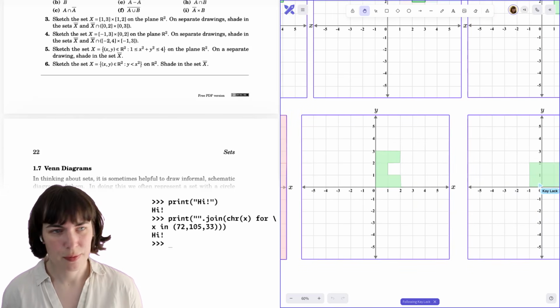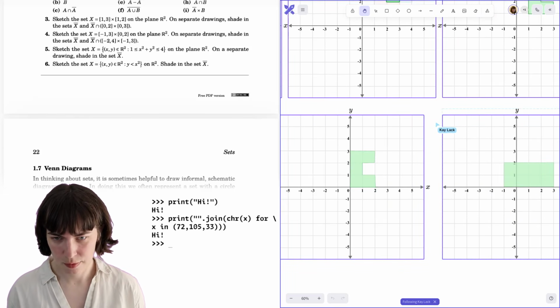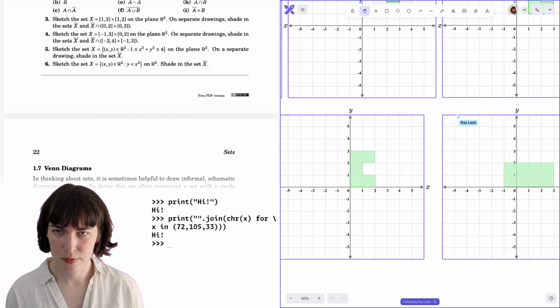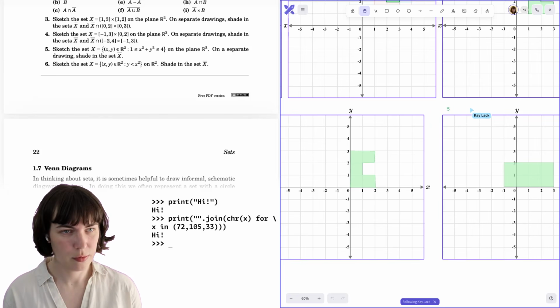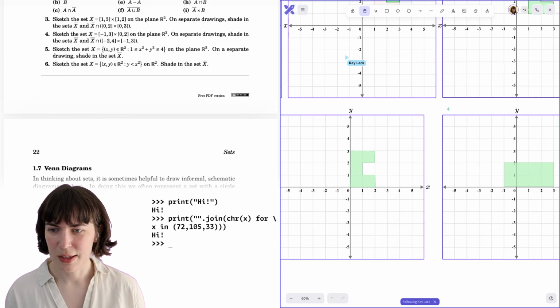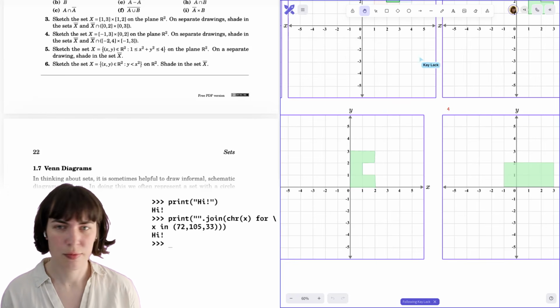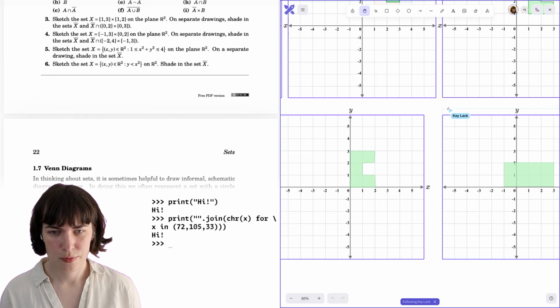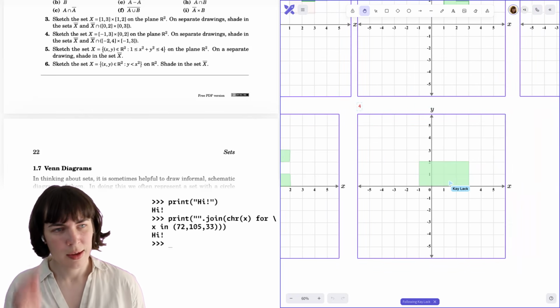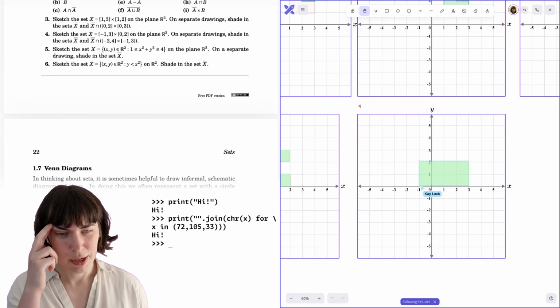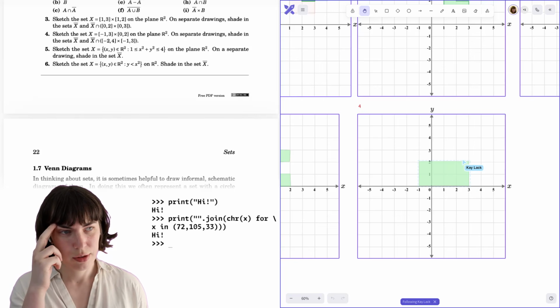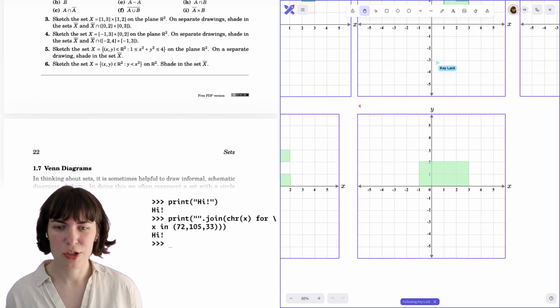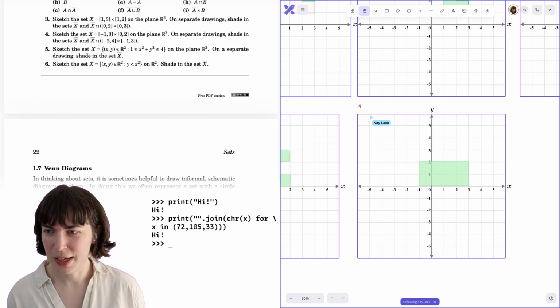All right, now where were we? Let's come back to this one. Okay, get my intervals right. -1, 2, 3, 0, 2, 2, on the plane R squared, shade in the sets, complement x. Well, we know what that is. I'm just going to shade this in the same diagram for speed.